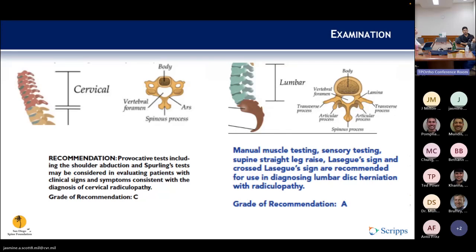So recommendation grade C on that in terms of helping tease out if it's cervical radiculopathy. And then for the lumbar spine, talking about the importance of the straight leg raise, and they gave that a grade A recommendation. I think for me in practice, I definitely plan to do a very thorough physical exam.